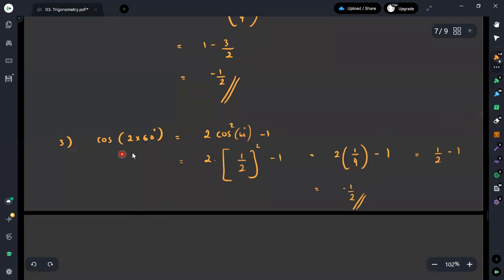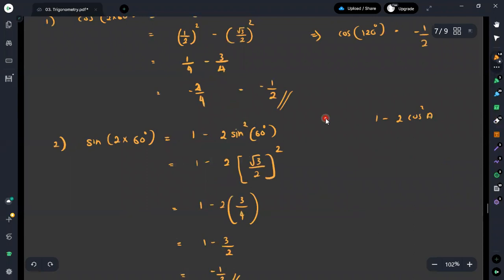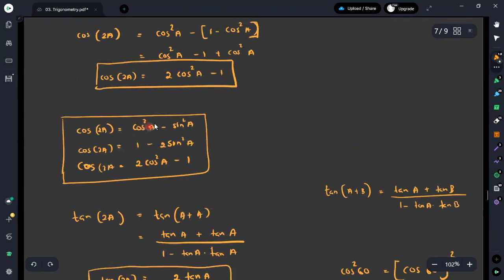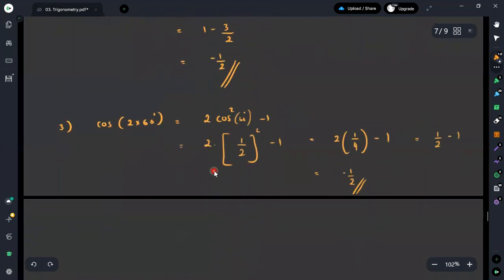Therefore, for the third equation, 2 times 60 degrees, we get the same answer, minus half. So even though you use the first, second, or third equation, you get the same result for the double angle formula of the cosine value of this double angle. And then we will do it for the tangent as well.